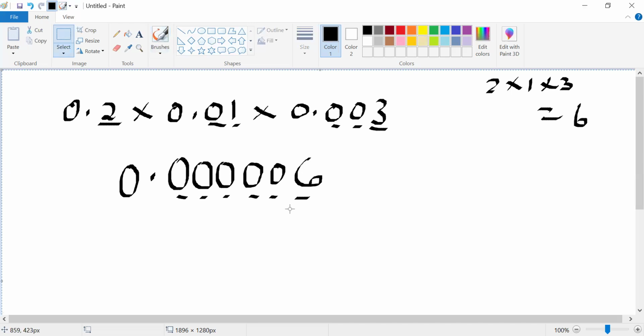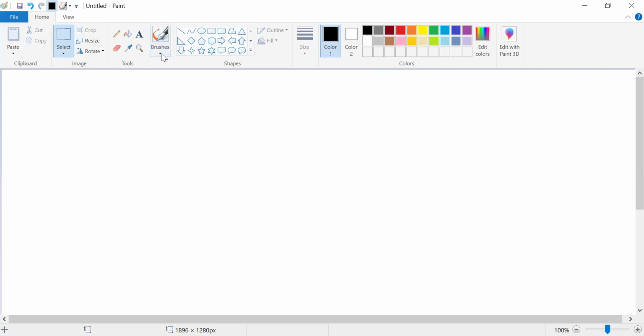Now, multiplying a decimal with 10, 100, 1000 and so on is very simple. Example, suppose 1.2 into 10. So, 1 decimal, 1 zero. 1 decimal will cancel 1 zero. So the decimal will go, and it will become simply 12.